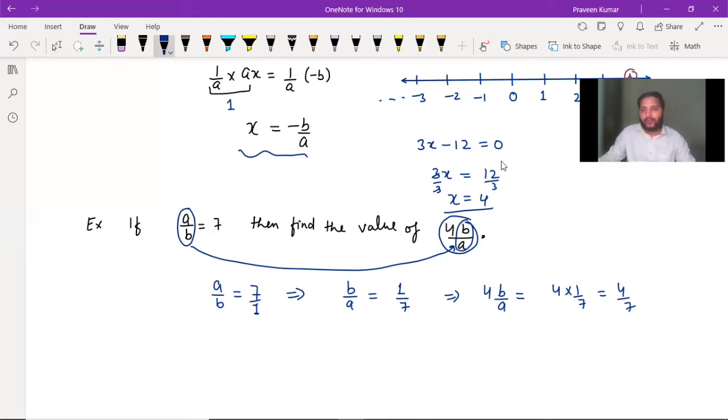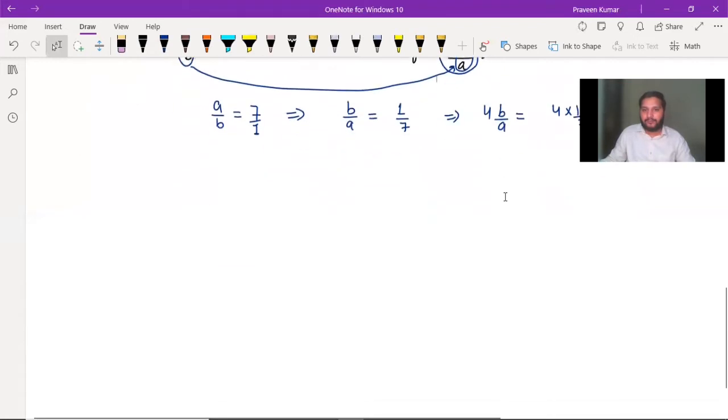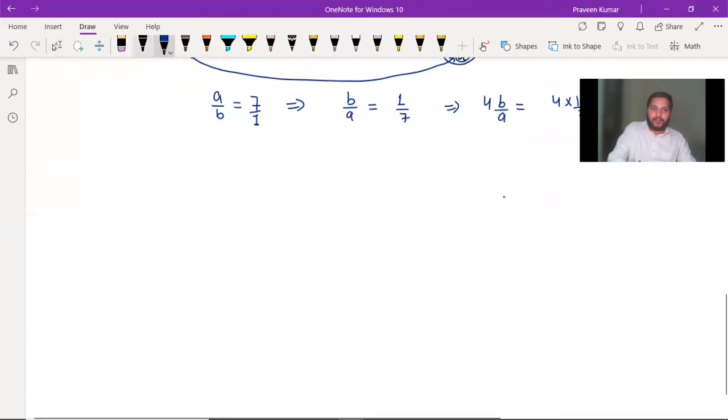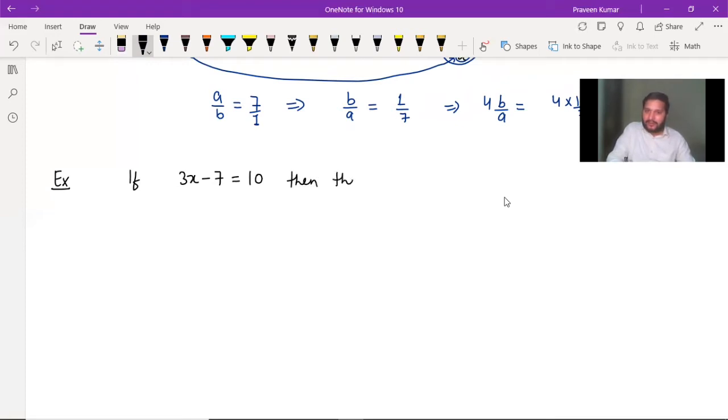Now let us move to another problem. For example, if 3x minus 7 is equal to 10, then find the value of 3x plus 12.